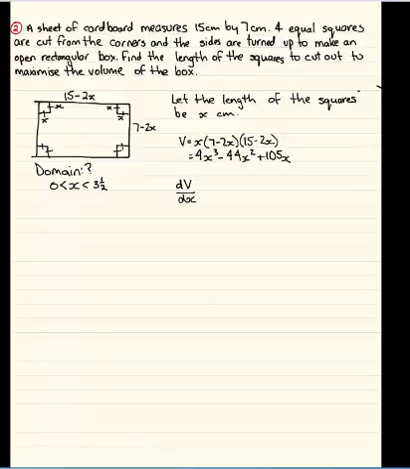So the derivative of V with respect to x is equal to 12x squared minus 88x plus 105, right? And the volume is maximised when that derivative is equal to 0. So make it equal to 0.